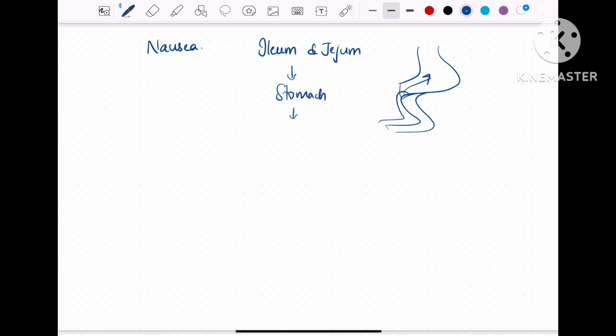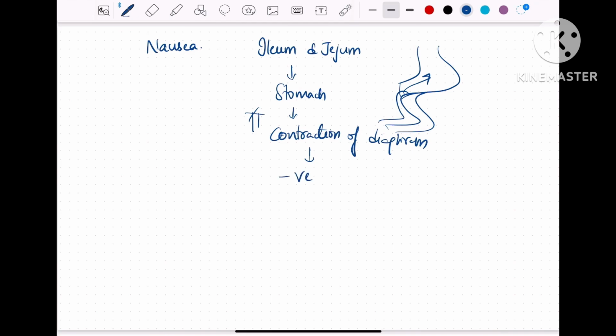After this, the glottic opening is closed to prevent regurgitation and to protect the airway. And there will be contraction of the diaphragm. This contraction of the diaphragm creates a negative intrathoracic pressure, which causes the pharyngeal sphincters to relax.